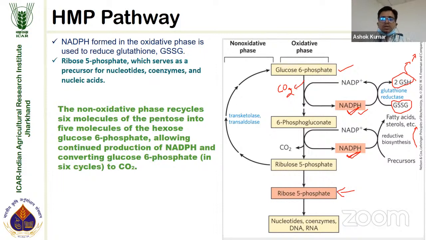So that non-oxidative phase is very crucial in generating very specific substrates for essential metabolic reactions.